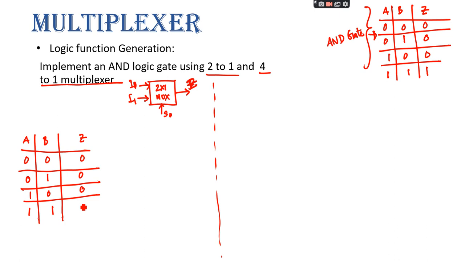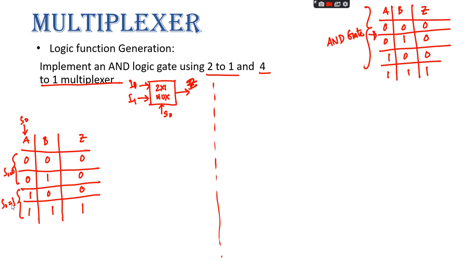And for 1, 1, my output should be 1. Now since it has only one control knob, if I consider A to be my S0, then for these two values, S0 is 0, right? And for these two values, S0 is 1, right?